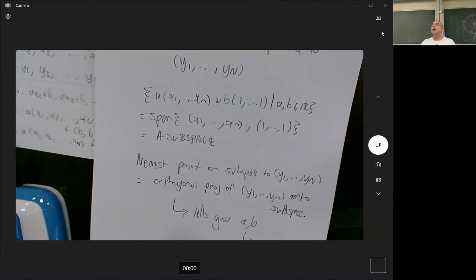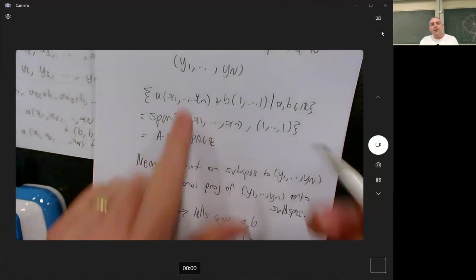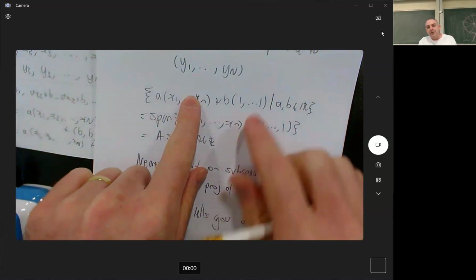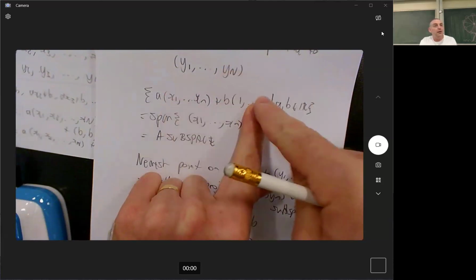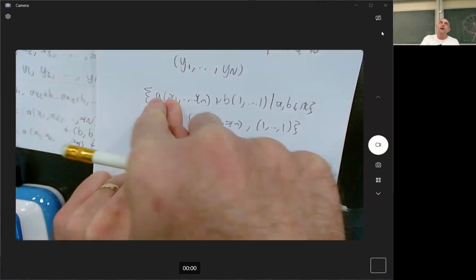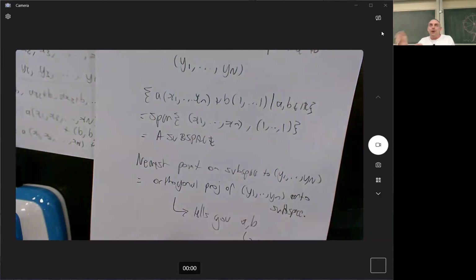Anyway, what you should be doing is doing this with V1 and V2: normalize V1, do V2 dot V1 times V1, take that off, and then normalize that. Then you have an orthonormal basis, and then you do Y dot the new V1 times V1, and Y dot the new V2 times V2, and that will be the answer.